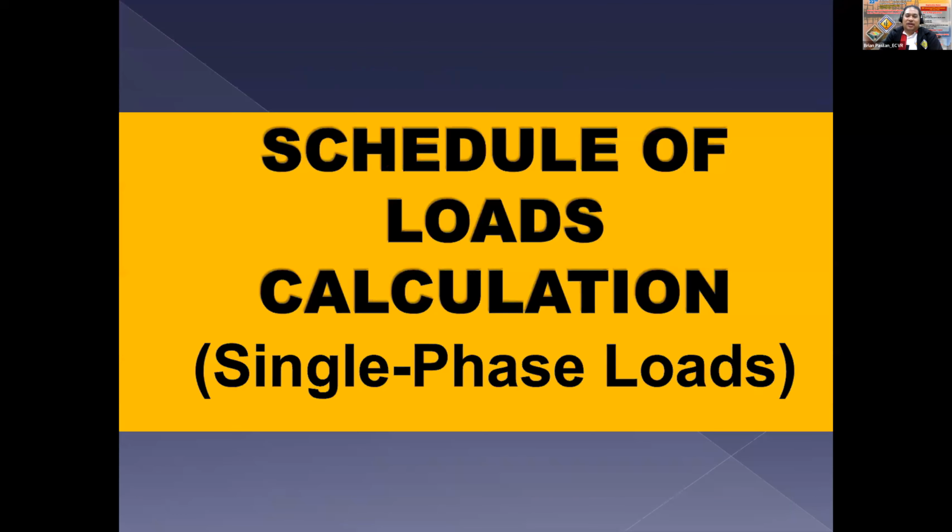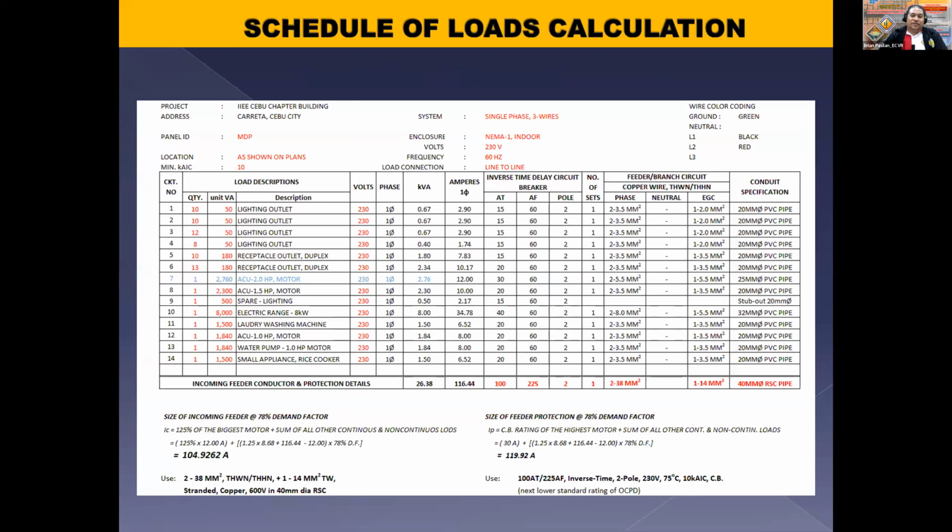So this is the schedule of loads tabulation. These are the branch circuits we took earlier: lighting outlets, receptacle outlets, other loads, etc. So we tabulate those. If single phase, no problem, just one column for our currents. We have kVA, amperes, load amperes, and so on, the other details we got earlier.